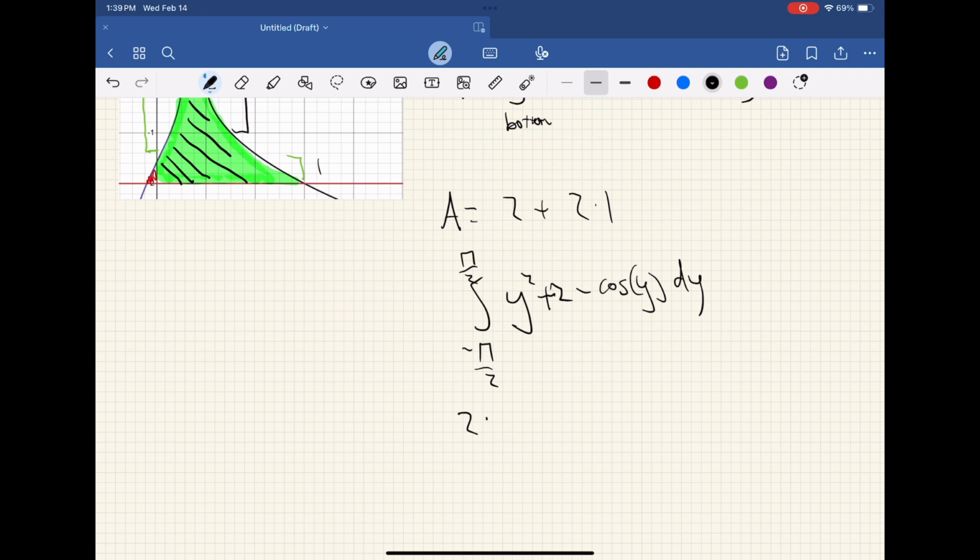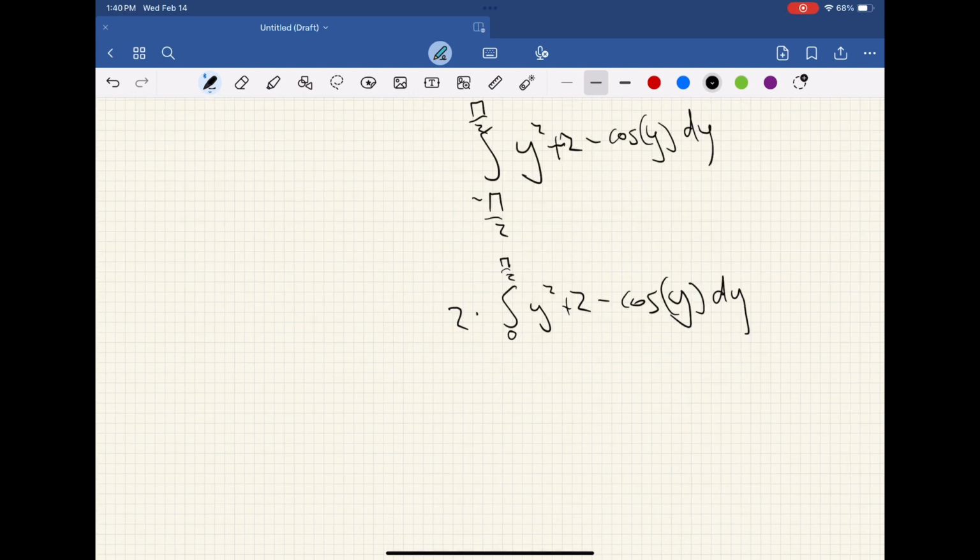So we can rewrite the integral as 2 times the integral from 0 to pi over 2 of y squared plus 2 minus cosine y dy. And now we need to solve that. So let's just find the antiderivative. Y cubed over 3 plus 2y minus, so we have cosine, derivative of sine is cosine.